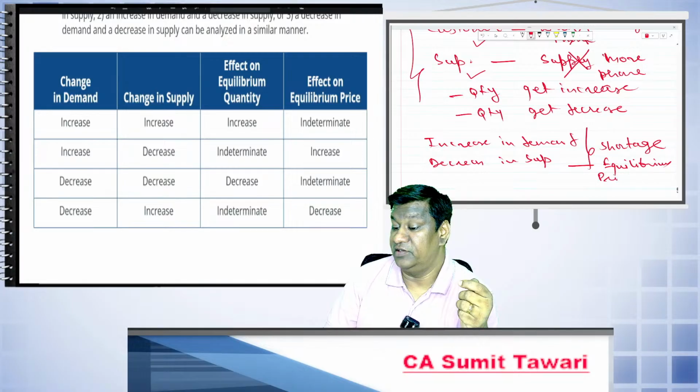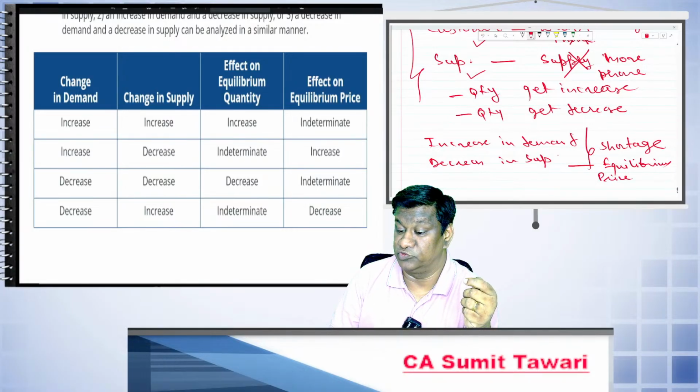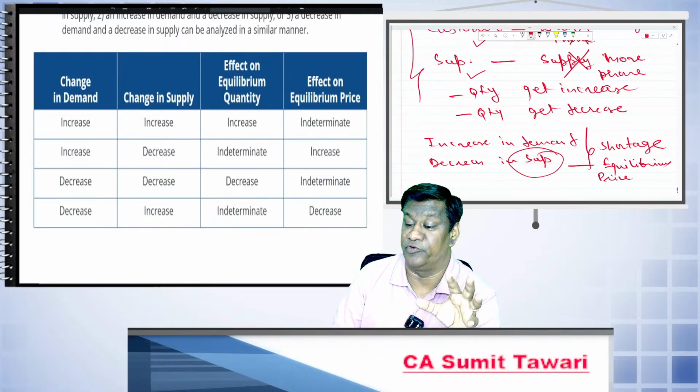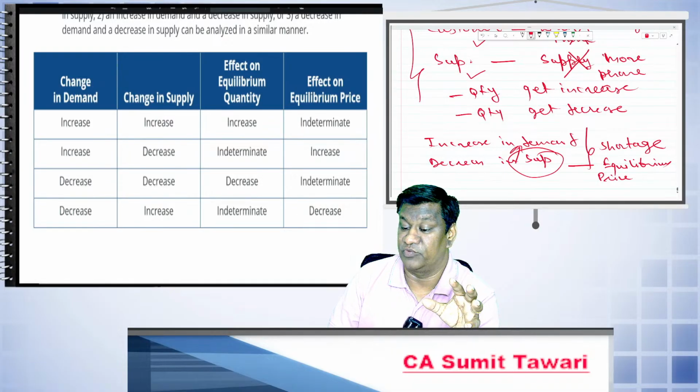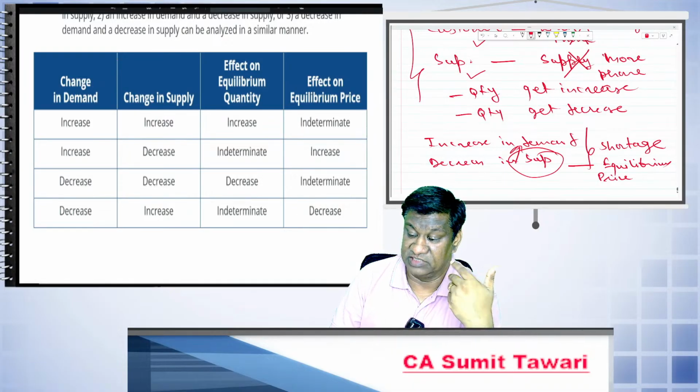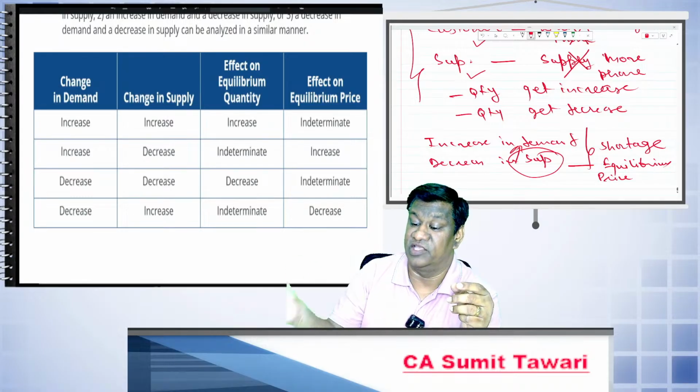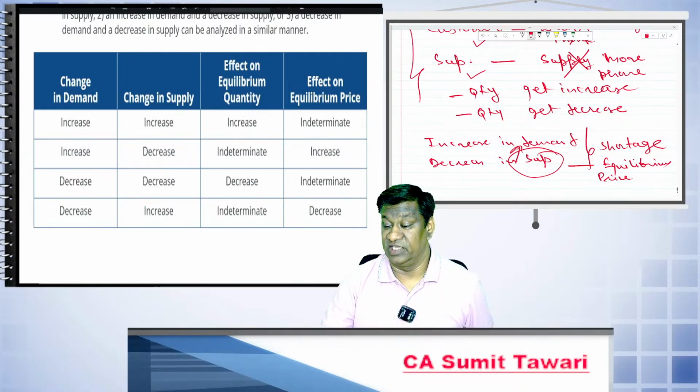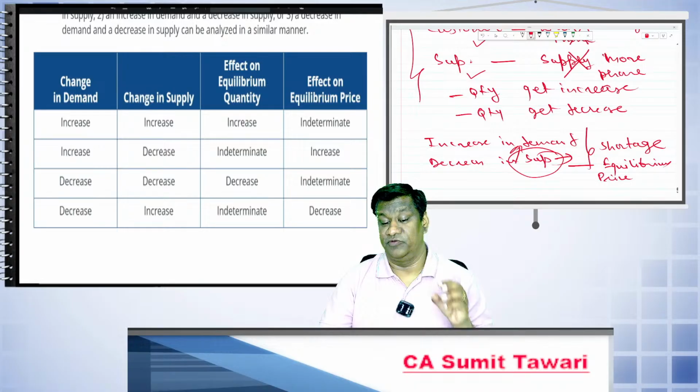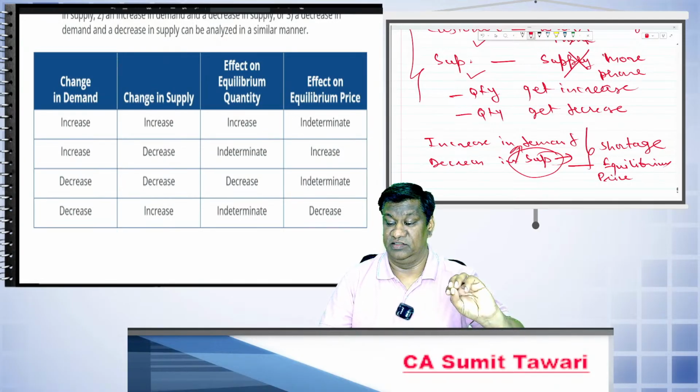But you cannot predict the quantity, because whatever quantity the supplier can produce, that he can supply to the customer, but that is not the equilibrium quantity. It is basically only the supply, whatever the supplier is able to produce, but we cannot say it is an equilibrium quantity.